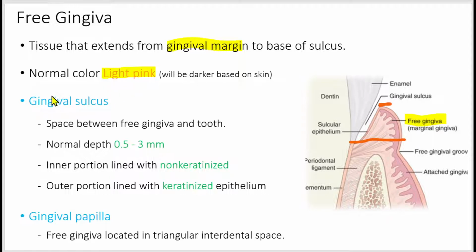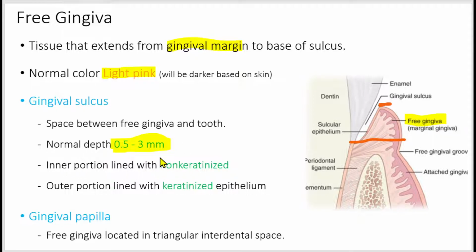What else? The gingival sulcus, usually that's the space, as we said, between the tooth and the gingiva. And usually the normal, healthy depth of the sulcus, when you measure from the gingival margin all the way to the base of the sulcus, should be about 0.5 millimeters to 3 millimeters.